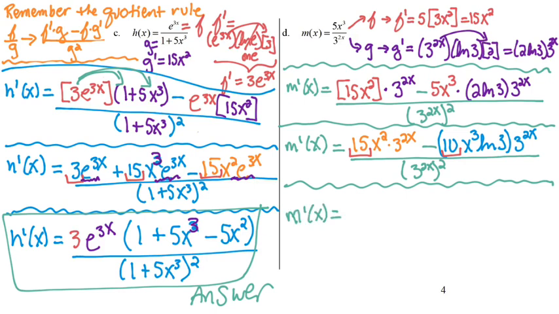My derivative of m is going to factor 5 out. Now when I look at the next set of terms, I see an x squared and an x cubed, and since the smaller exponent is squared, then I'm going to factor an x squared out. The final piece of my first term is a 3 to the 2x, and when looking further, there is a 3 to the 2x power on both sides of the minus sign, so that can be factored out.